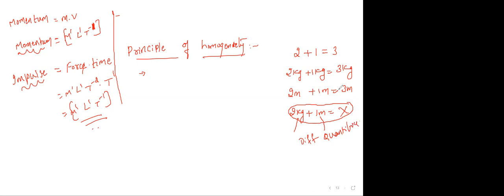So we can add the quantities, we can equate the quantities, we can subtract the quantities only if the dimensions are the same. That is what we call the principle of homogeneity.